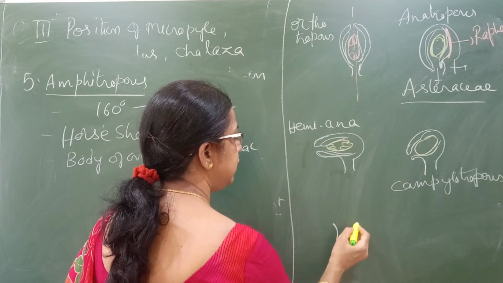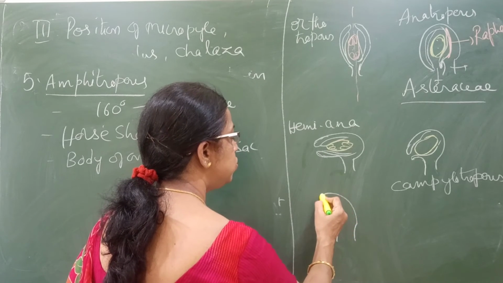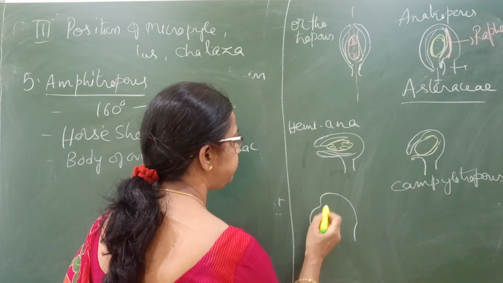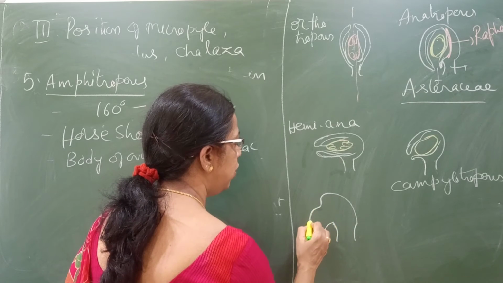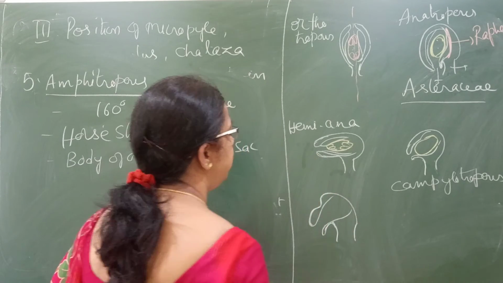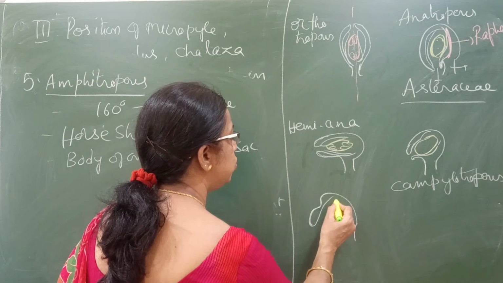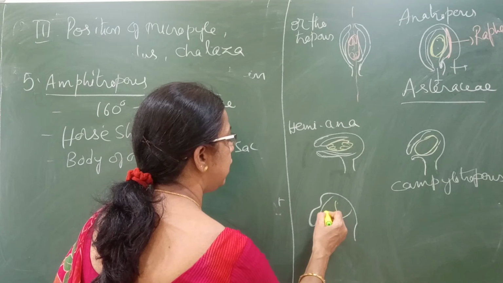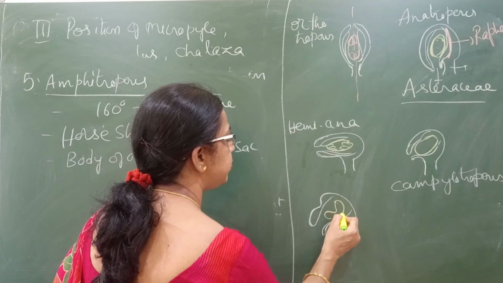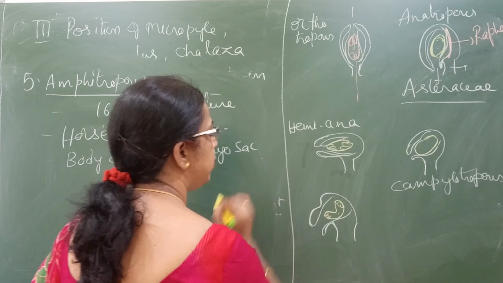It is more than this. So you have to show it slightly closer, and also there is a curvature. So this is how it shows some curvature, and even the embryo sac also shows horseshoe-shaped curvature.